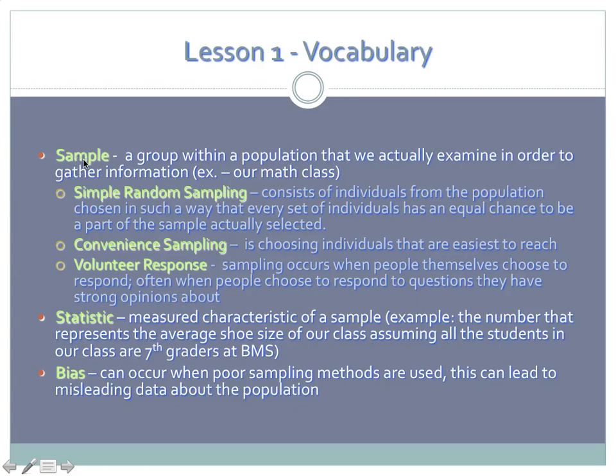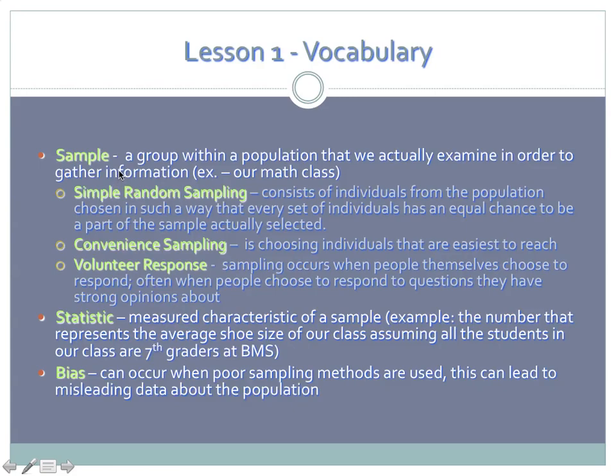And a sample is a group within a population that we actually examine in order to gather information. So again, if I wanted to find out the average height of a 7th grader at BMS, I would go to my population, which would be my 7th graders, and it would be very difficult for me to survey or to measure all 7th graders.